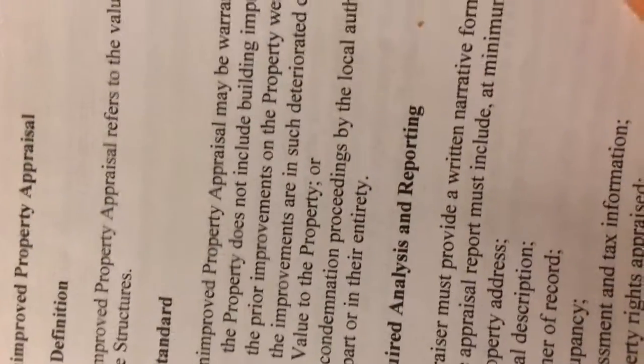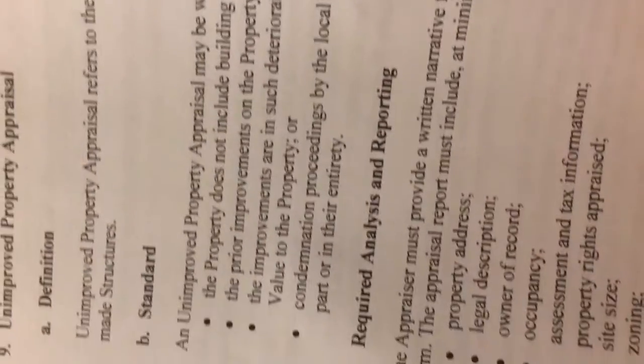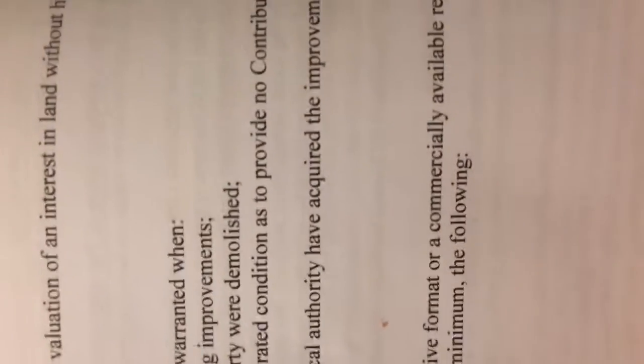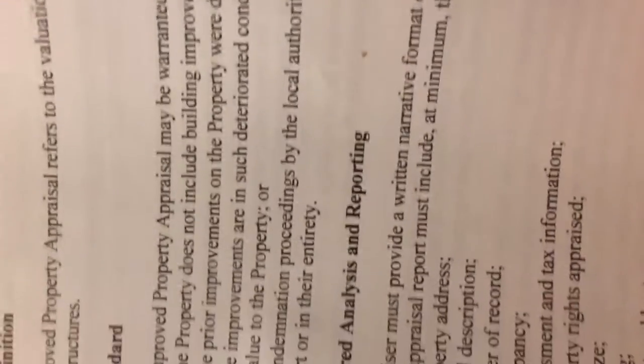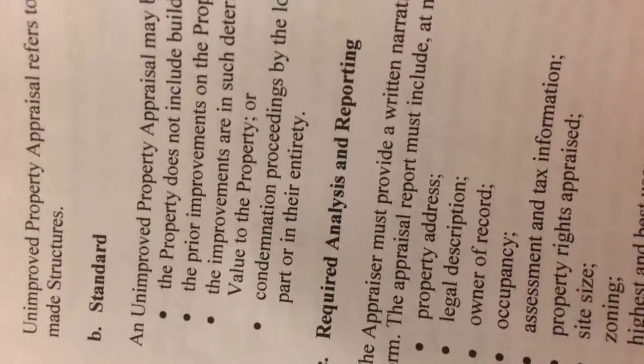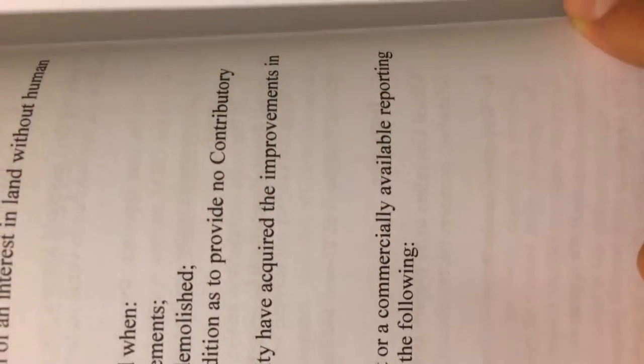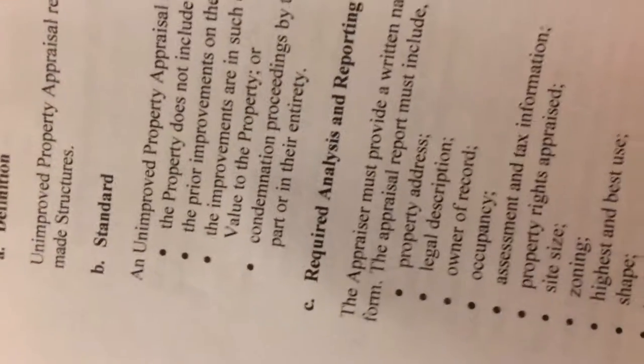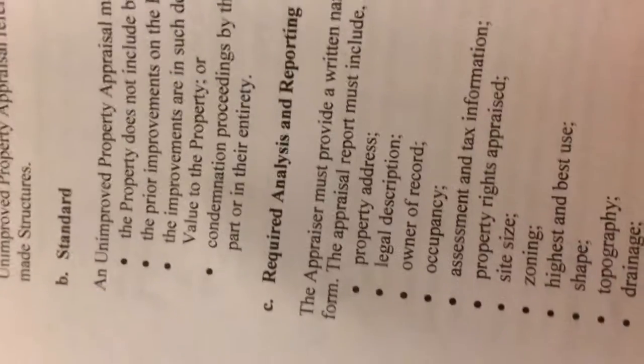An unimproved property appraisal may be warranted when the property does not include building improvements, the prior improvements on the property were demolished, the improvements are in such deteriorated condition as to provide no contributory value to the property, or condemnation proceedings by the local authority have acquired the improvements in part or in their entirety.